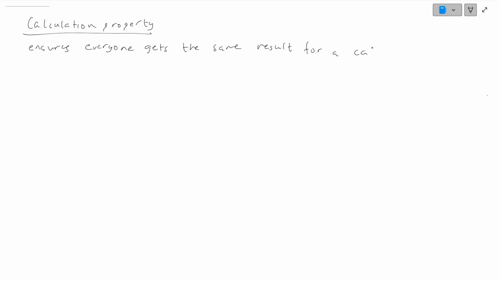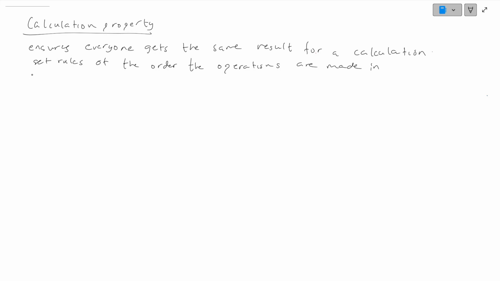This comes from the calculation property, and this basically ensures that everyone gets the same result for a calculation. So because we want to ensure that everyone gets the same result for a calculation, we have to set rules of the order the operations are made in.